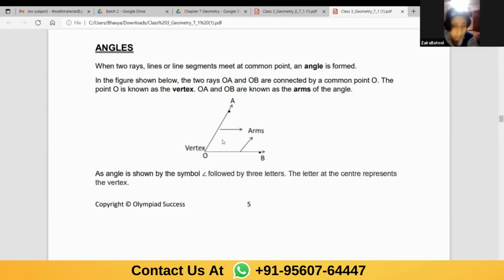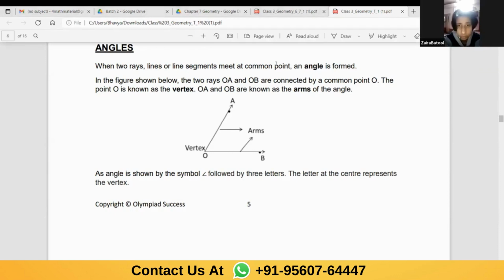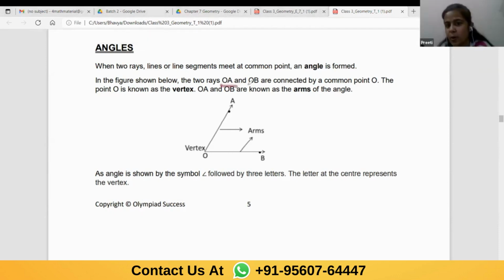Basically, this angle is made up of two rays, OA and OB. Because O is common, O becomes the vertex. See, two rays OA and OB are connected by a common point O.